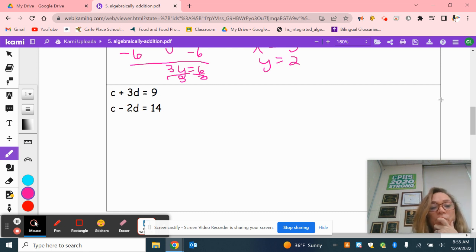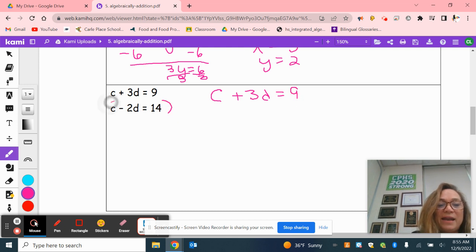I'm going to work with the C's. So I'm going to keep the top one. And I'm going to multiply the bottom one by a -1 because that would give me a negative C, which would make additive inverses. Now you got to be careful.